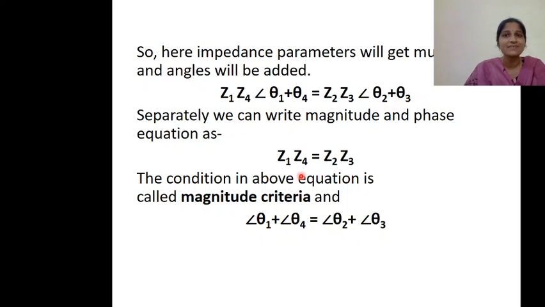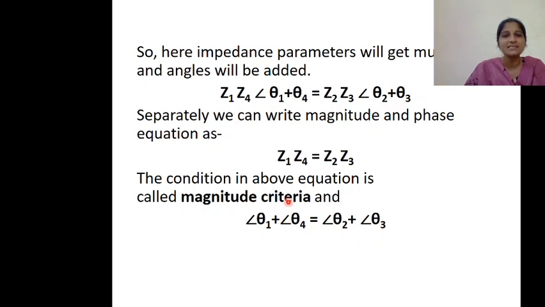Suppose the magnitude criteria is satisfied, but the phase angle criteria is not satisfied. What is the situation then? Then you can say that the bridge is not balanced. The bridge is balanced only when the magnitude condition is satisfied and the phase angle criteria is also equated.